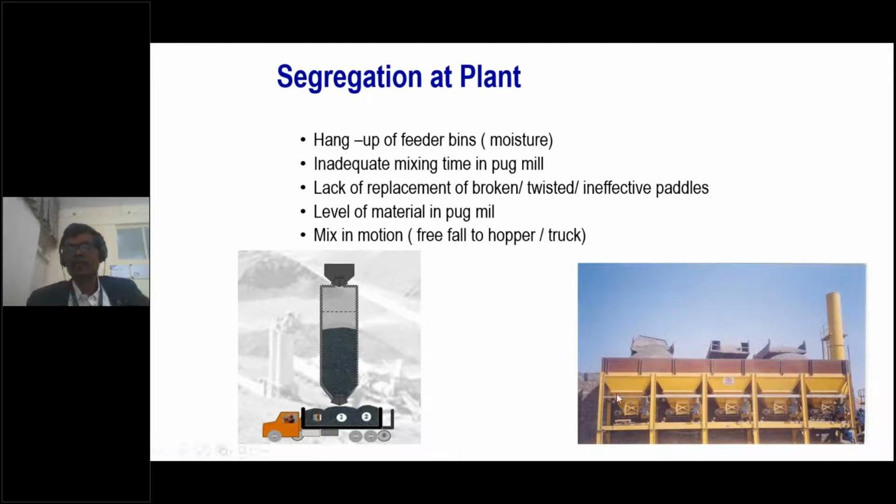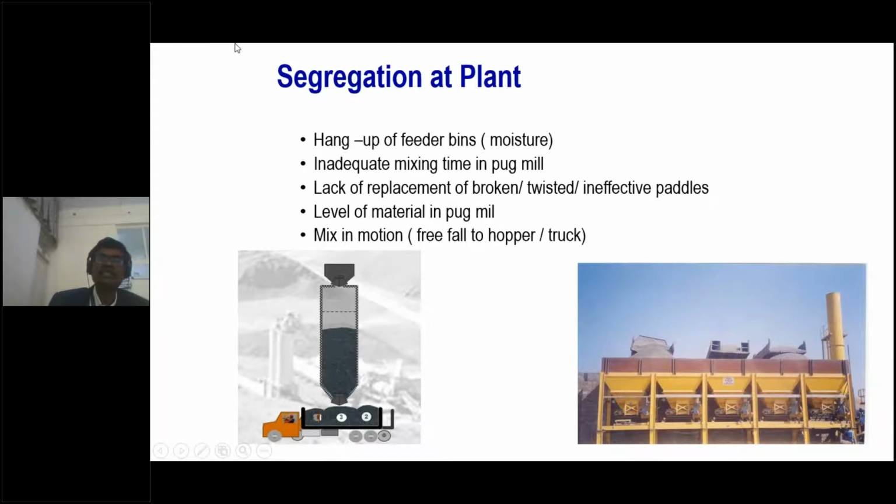But look here, this is the hopper bins of the plant, and directly the tipper comes here and unloads here. Part of this mix goes here also, and we would have adjusted these openings based on the job mix formula. But if we do unloading carelessly, then this material goes to this cabin and this material goes to this, and whatever the design, all our job mix formula, whatever we have done to maintain the gradation, it will go waste.